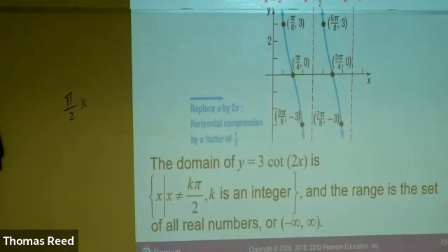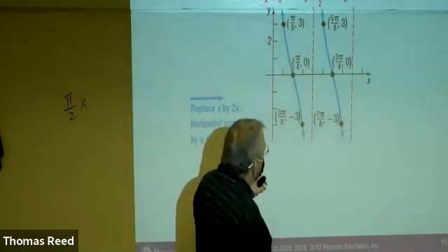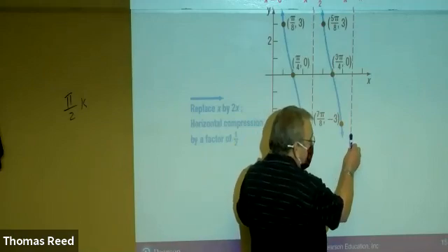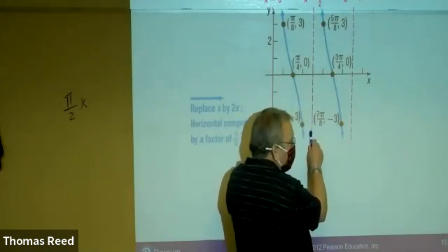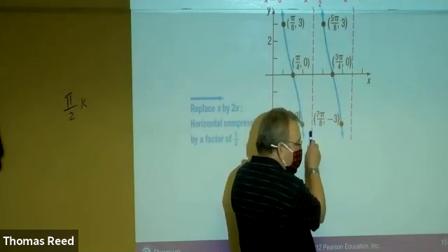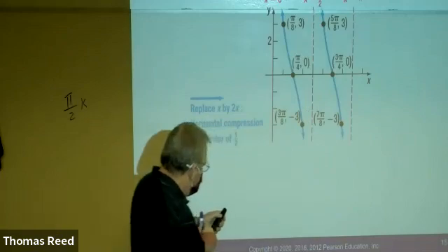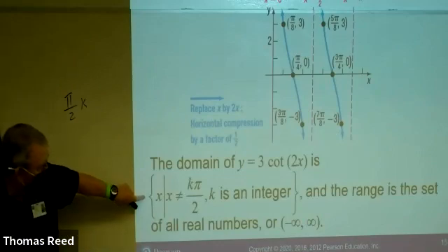So the domain, all right, the domain instead of every pi, now it's every pi over 2. So it's all integer multiples of pi over 2, which is this way of saying, k is an integer.